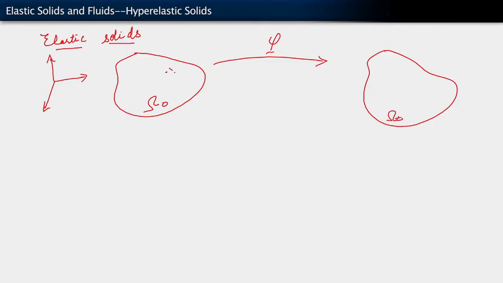And the neighborhood of a point X goes to a spatial position little x, and associated with vectors that are scribed on the reference configuration, we get vectors in the current configuration through the tangent map F, the deformation gradient. We know all about this. Okay, that is F. And then we have notions of stress.